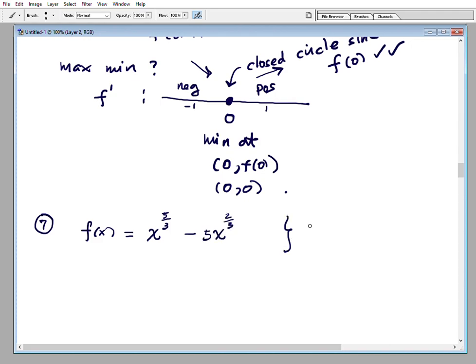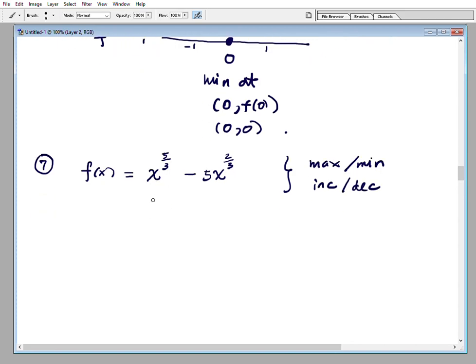Again, we want to find max min, increasing, decreasing. These fractional exponents are sort of a hint that we might get a critical value of that other type. All right, so let's do f prime.